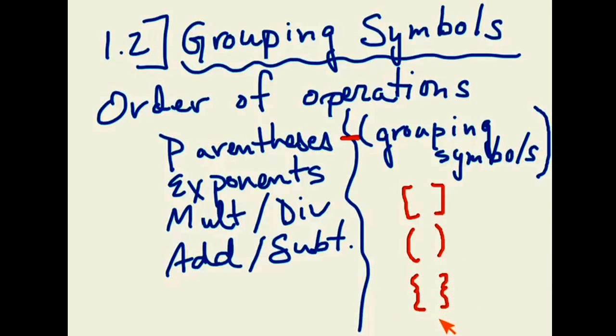And a lot of times we use these in what's called set notation. We'll get to that later. Then you do exponents. Then you do multiplication and division. Multiplication does not take precedence over division. It's in order it occurs from left to right. Then you do addition and subtraction. There is no preference in addition and subtraction. You do whatever comes first in the sentence, reading it from left to right.